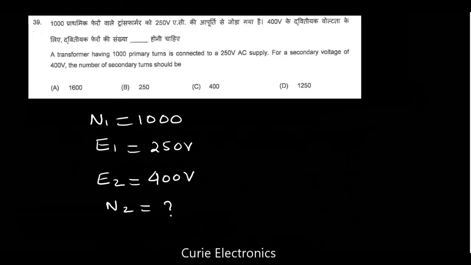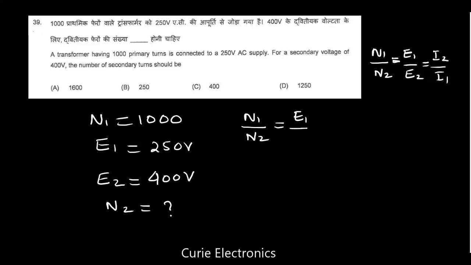So what is the transformer turns ratio equation? That is N1 upon N2 equals E1 upon E2, right? What about current? Current is opposite, I2 upon I1. So now we will use N1 upon N2 equals E1 upon E2. In place of N1, 1000 upon N2.